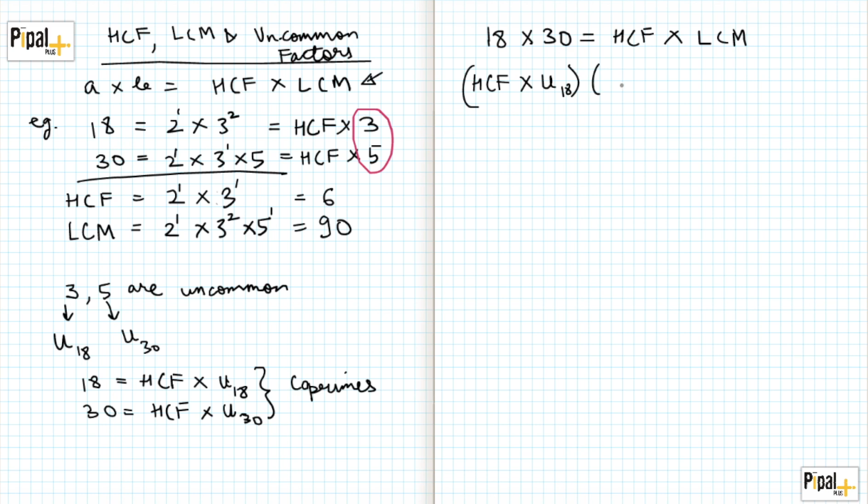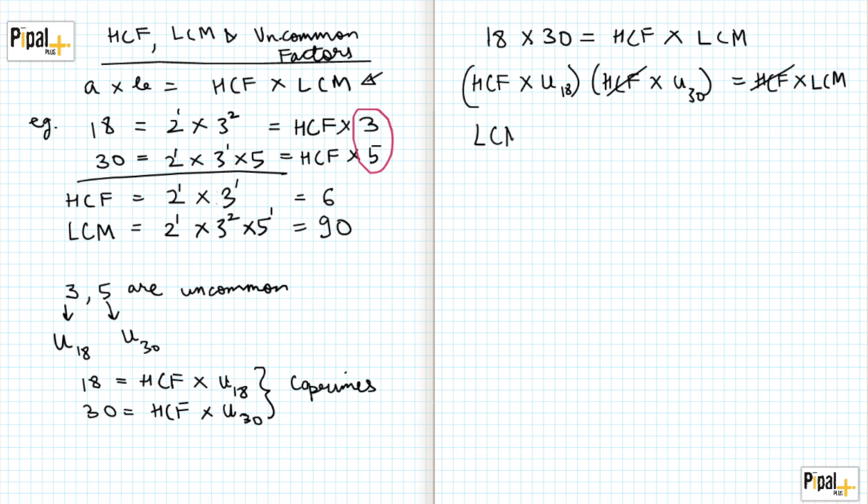Similarly, 30 can be written as their HCF multiplied by the uncommon factors in 30, and this is equal to the right hand side, HCF into LCM, right? So now what I can do is I can cancel out one HCF, and now let me swap the right hand side and bring it over to the left hand side, and the left hand side goes to the right side.